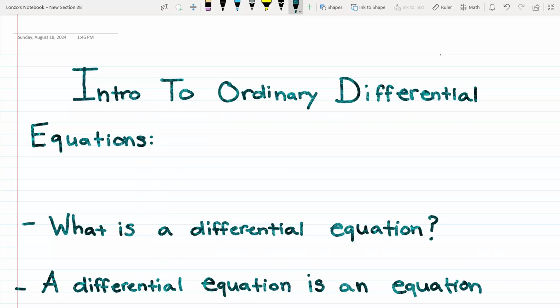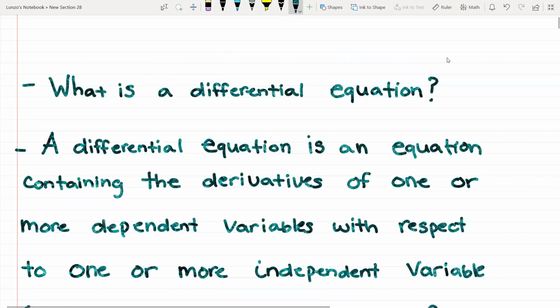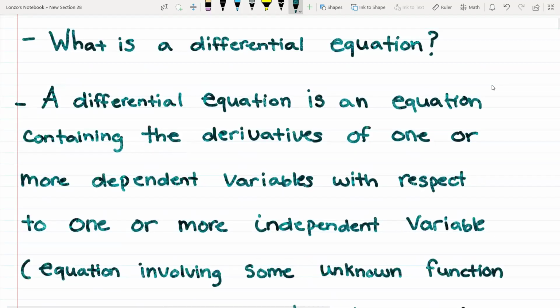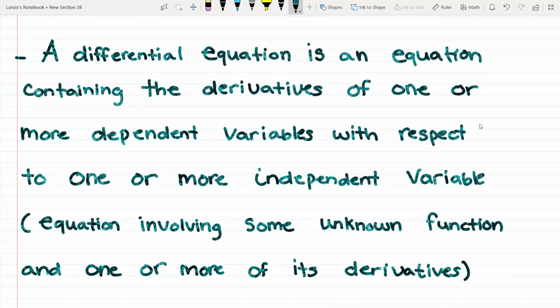So, intro to ordinary differential equations. What is a differential equation? If you've seen the previous lecture that explains the differential equation, this is a review. A differential equation is basically an equation containing the derivative of one or more dependent variables with respect to one or more independent variables, equations involving some unknown functions and one or more of its derivatives.